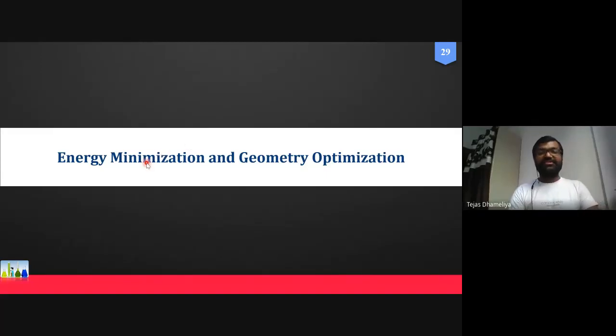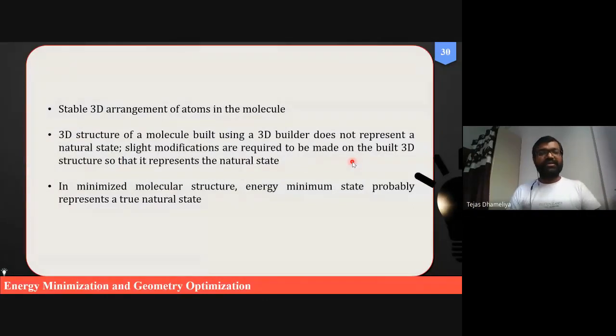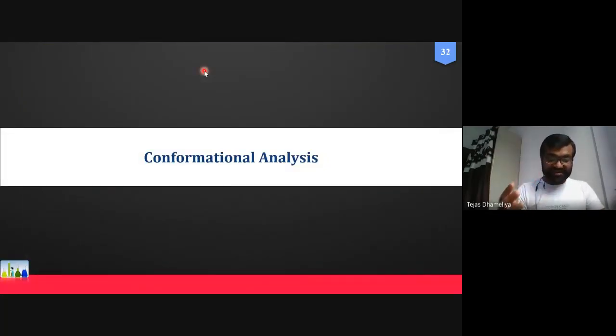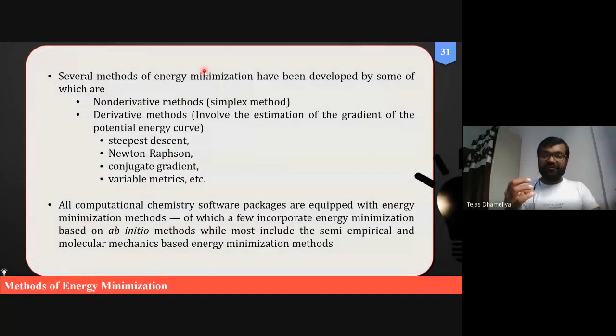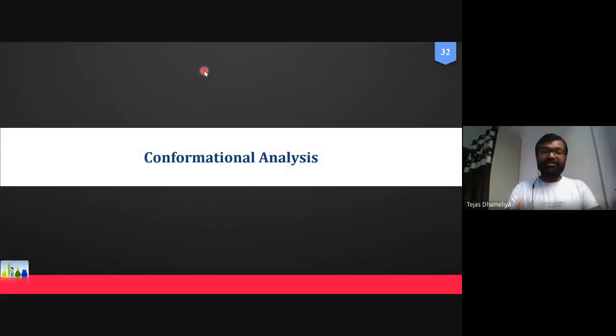Another part is energy minimization and geometry optimization. So what is that? Energy minimization and geometry optimization is a phase where, with the help of such methods, we are trying to develop a conformer which has minimum energy. For the sake of simplicity, normal butane has different conformers.